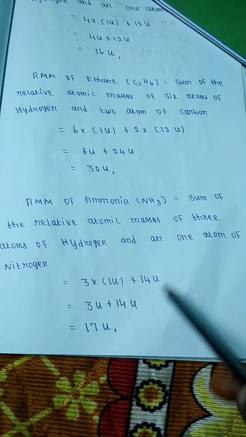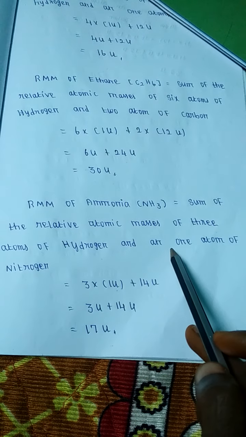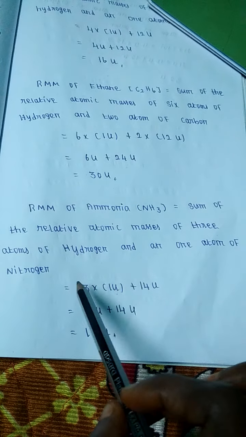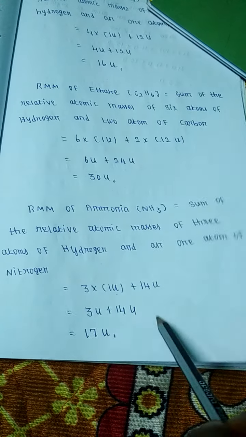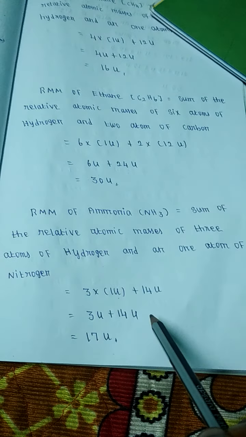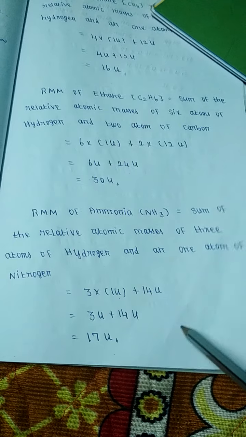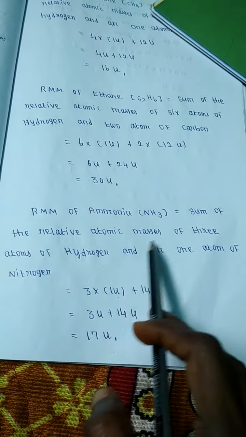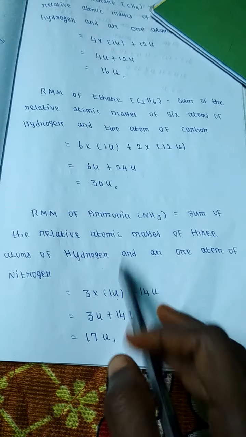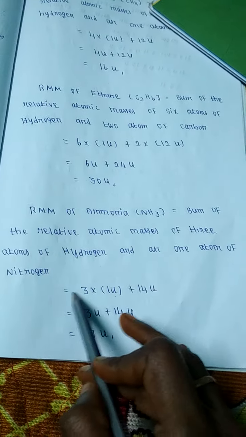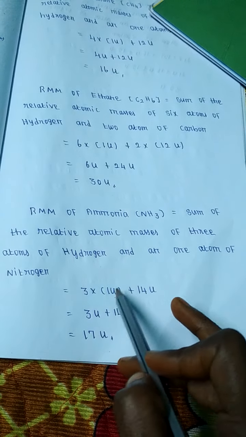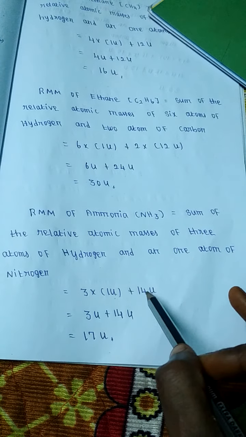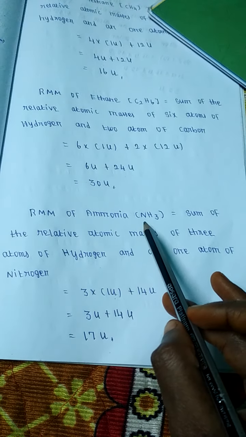Next, to find the relative molecular mass of ammonia, the ammonia formula is NH3. We find the total relative atomic mass of the hydrogen atoms and add the relative atomic mass of the nitrogen atom. The relative molecular mass of ammonia is the sum of the relative atomic masses of 3 atoms of hydrogen and 1 atom of nitrogen, which is 3 into 1u, where 1u is the relative atomic mass of hydrogen, plus 14u, where 14u is the relative atomic mass of nitrogen.